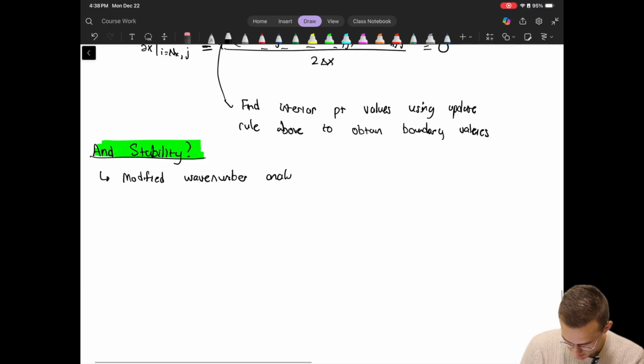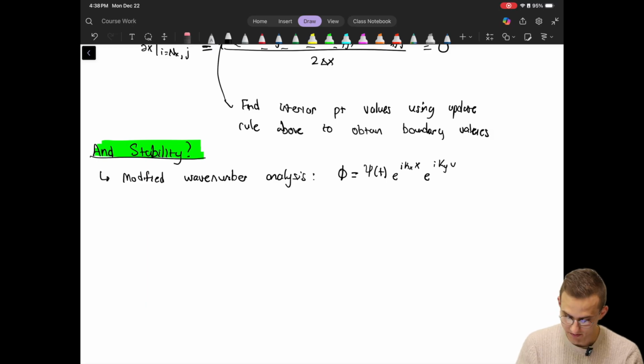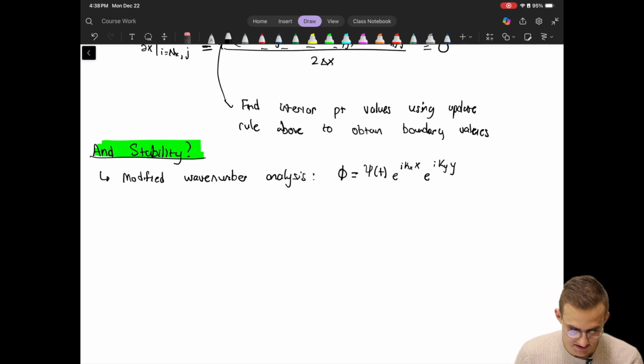But this time, we set phi equal to, again, psi of t, but we set it equal to e to the i kx x times e to the i ky y. Okay, so we're assuming Fourier-like dependence, complex exponential dependence in both directions, in a simple way.